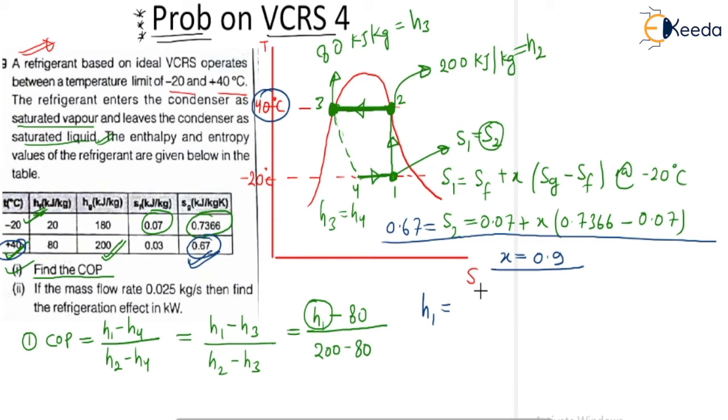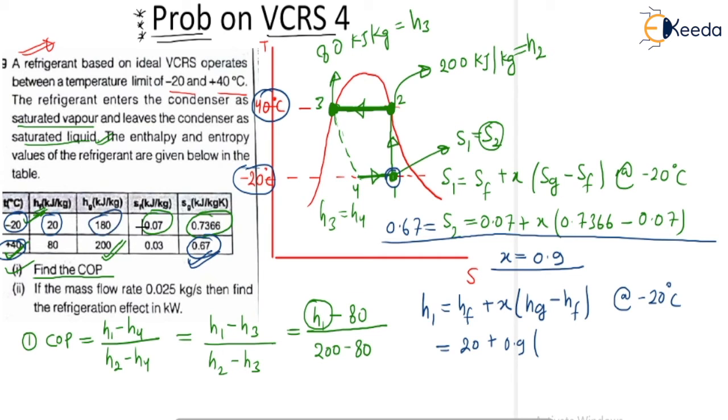H1 is just equal to HF plus X in bracket Hg minus HF at minus 20 degrees. So at minus 20 degrees, the value of SF is 20, the value of X is 0.9, the value of Hg is 180, and the value of HF is 20 kilojoule per kg. So by this way, we have to solve our H1 value.